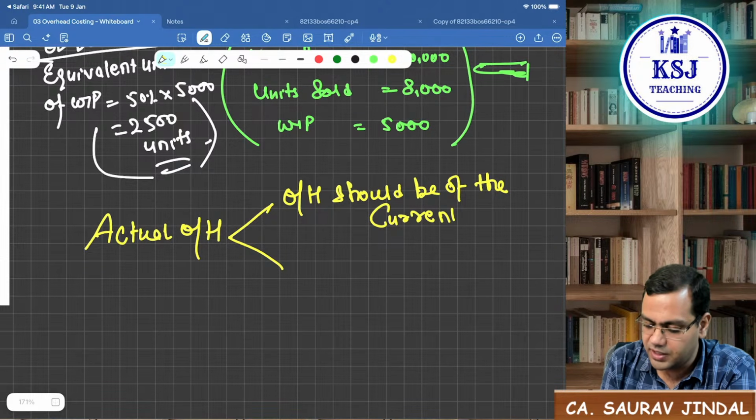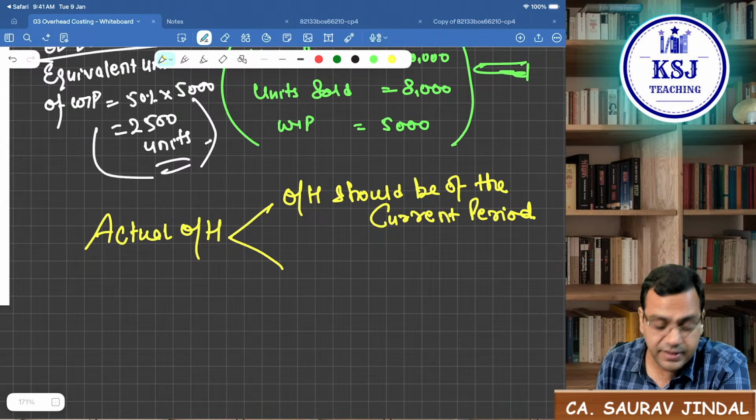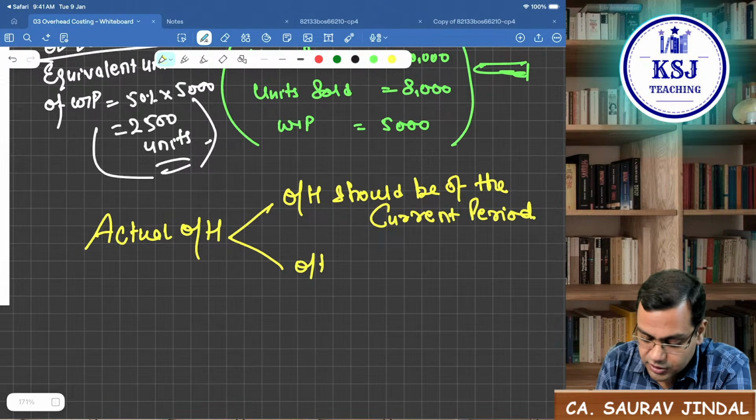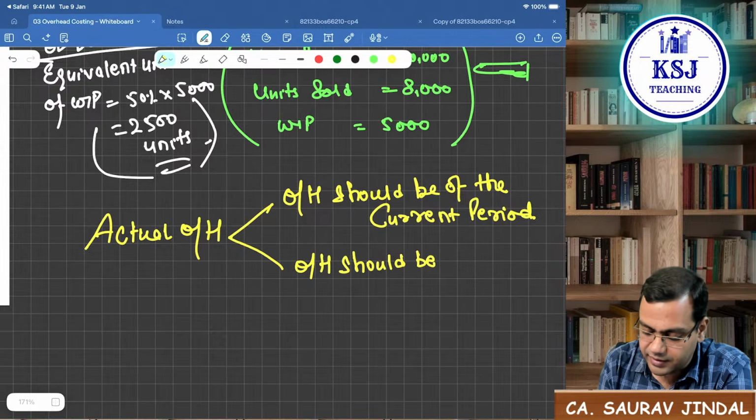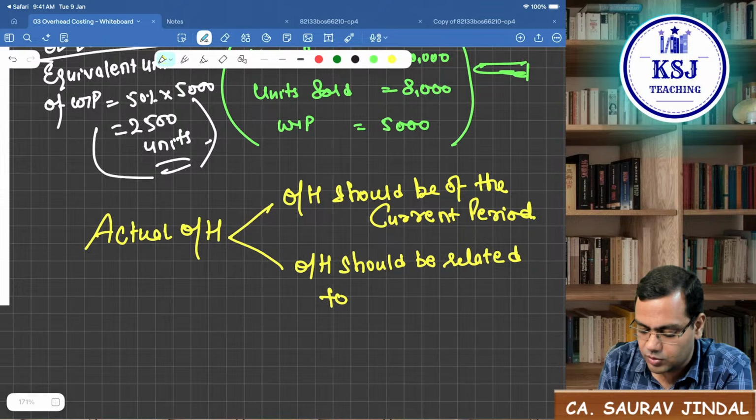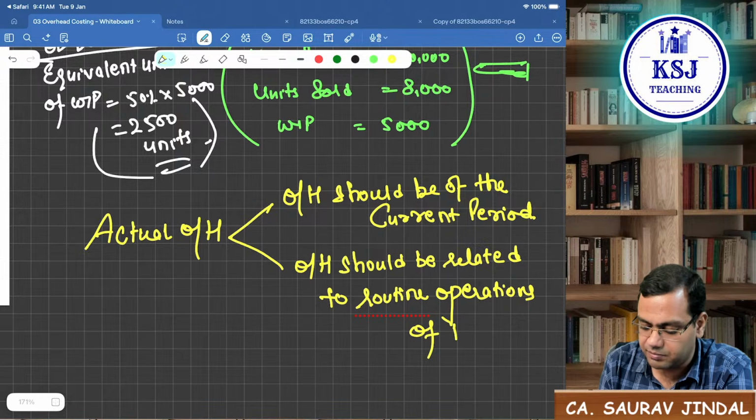Overheads should be of the current period. Second thing, overheads should be related to routine operations of business. It should be related to routine operations of business.